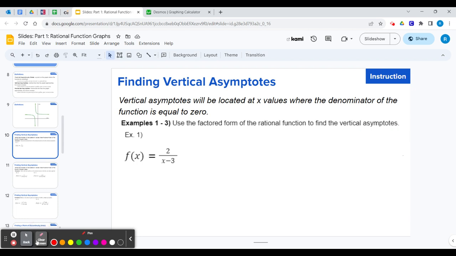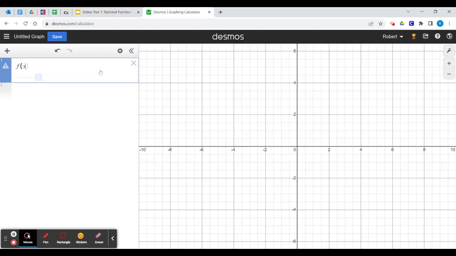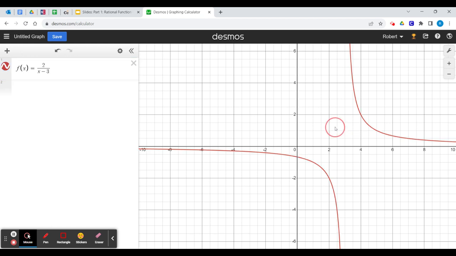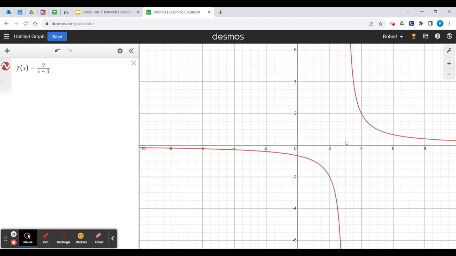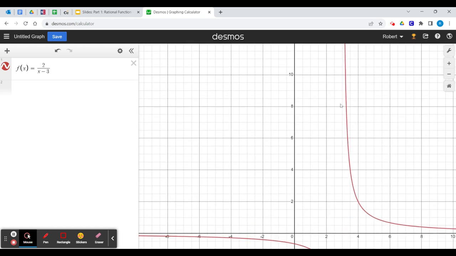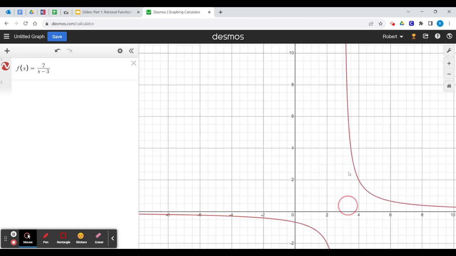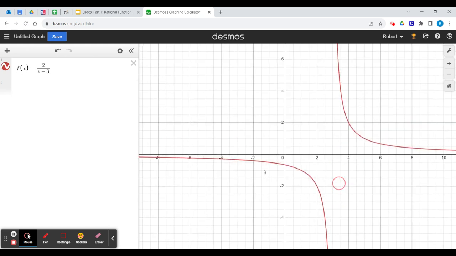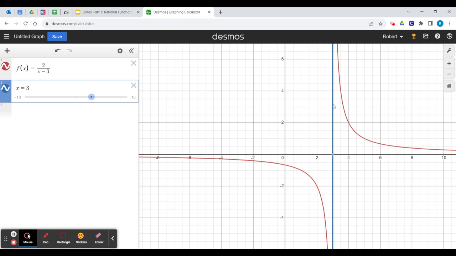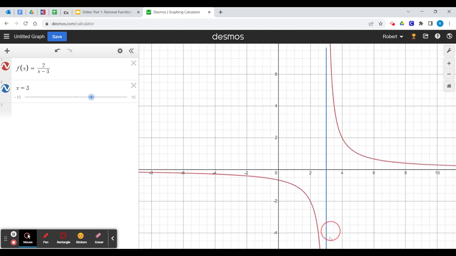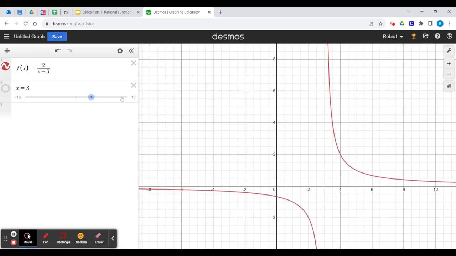So what happens graphically if I go into Desmos and graph this, f of x equals 2 divided by, and you can use that slash sign to get the fraction, x minus 3? You'll notice that at this line of x equals 3, my graph never crosses it. I can even toss in a line at x equals 3 to show you, hey, this blue line is where we are never, ever crossing. That's where our asymptote is.